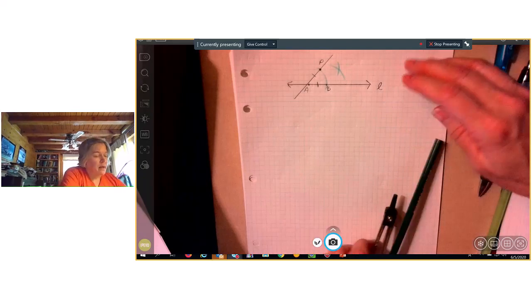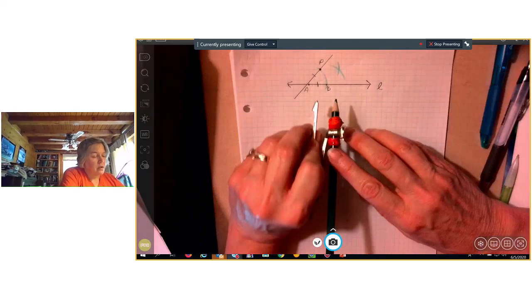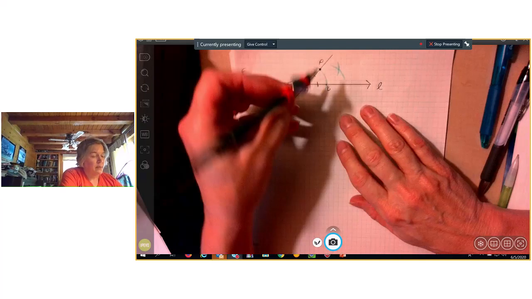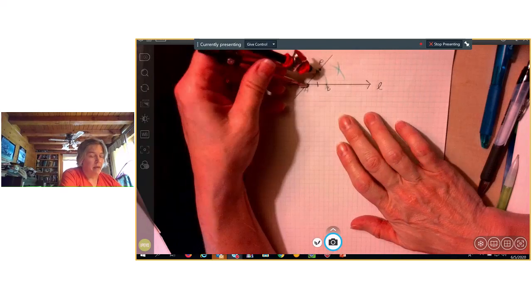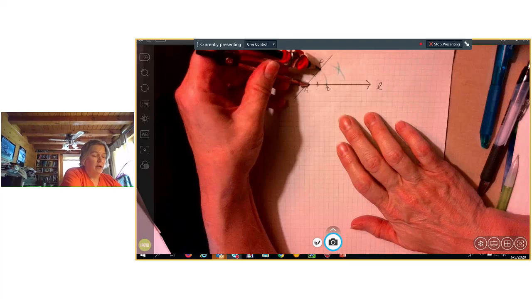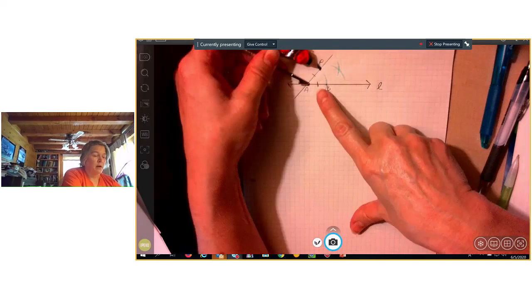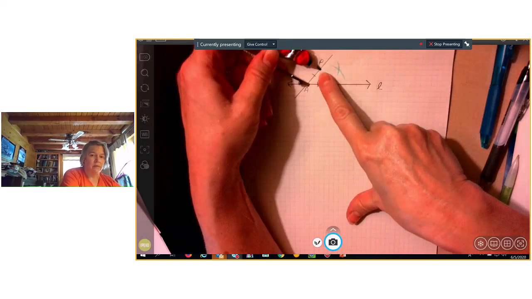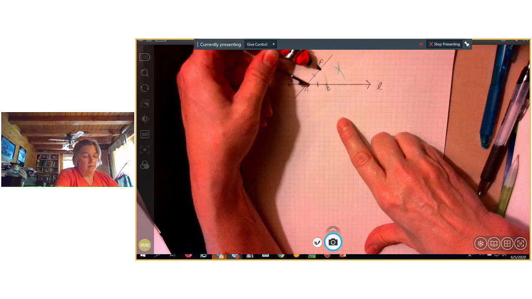So I measured, again, the first thing I did was I picked a point on my line, and it didn't matter where, and I measured from A, from the point on my line, to point P that was given.